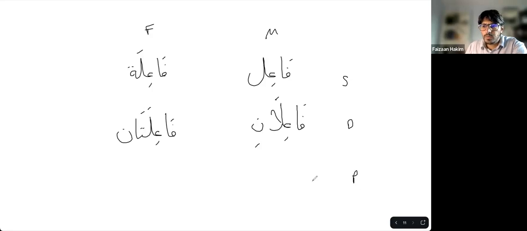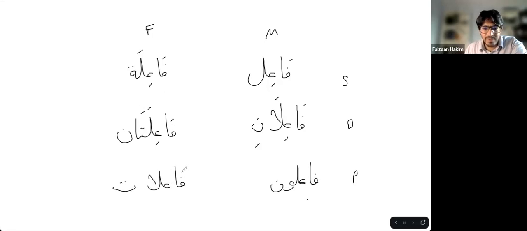Again, there's usually quite a few plurals, but one very important one is going to be fa'ilun. In fact, this is usually the standard way to form plurals. And over here you have fa'ilat.